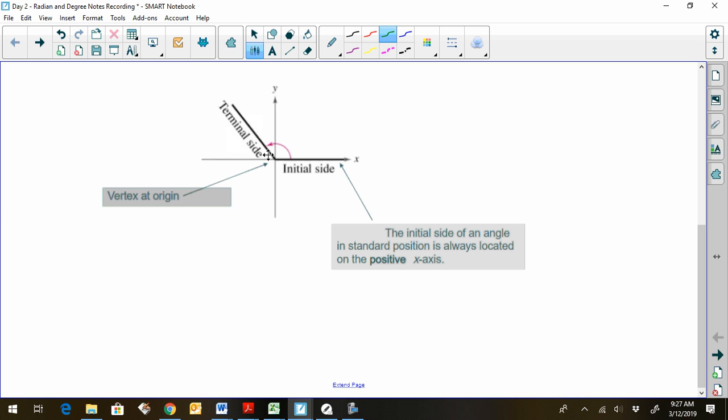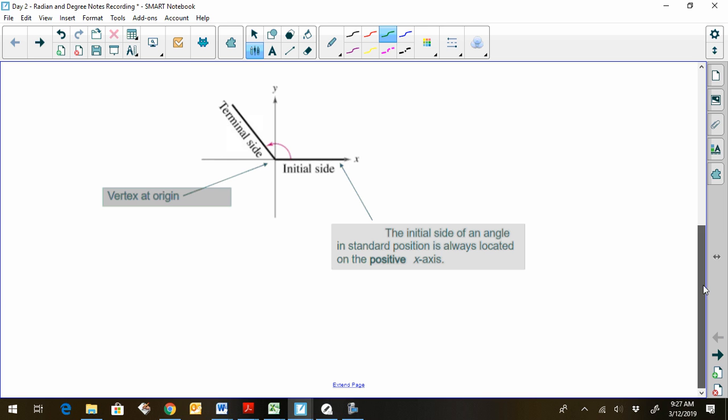So this is about a 120, 135 degree angle. So our terminal side is where the end of our angle is going to go. And then we're going to put this little arrow on the inside so that people know where we're starting from and where we're ending, because there could be differences in angles, right?